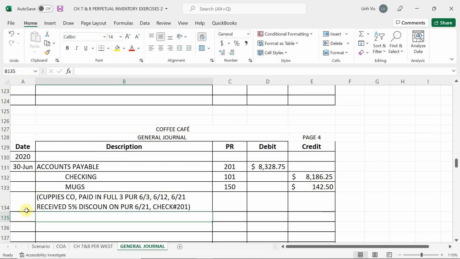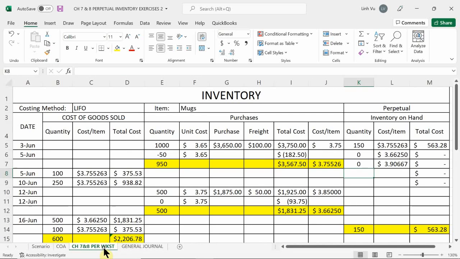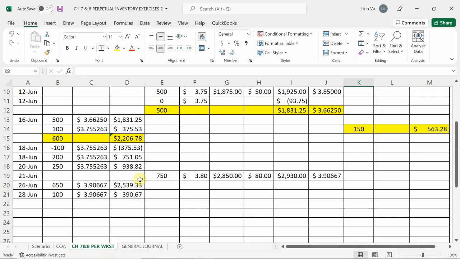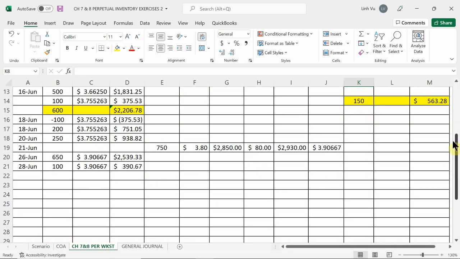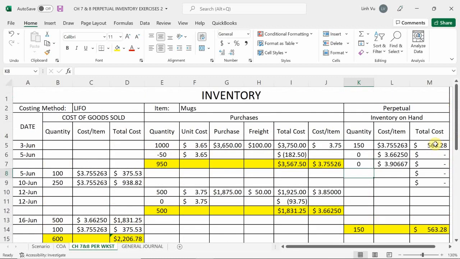Now, last thing we have here is we need to also update our inventory for the adjustment of this $142.50 discount. So let's go ahead and plug our values in here. Now in this case, this was for the last batch of inventory. I've already sold the last batch of inventory. So what do I do with this discount? In this case, you're just going to apply the discount in there and you're going to just update whatever inventory batch you have available.